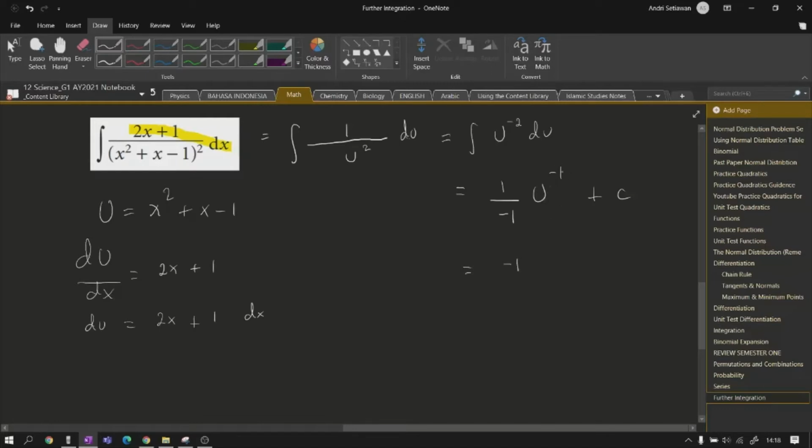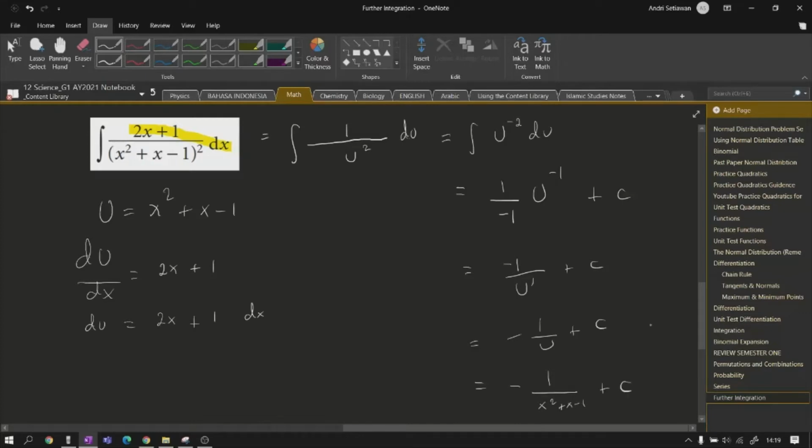Since the power is -1, we can move u to the bottom of the fraction, u power 1, plus c. So the final answer is -1 over u plus c. You have to re-substitute u with x squared plus x minus 1. So the answer is -1 over x squared plus x minus 1 plus c.